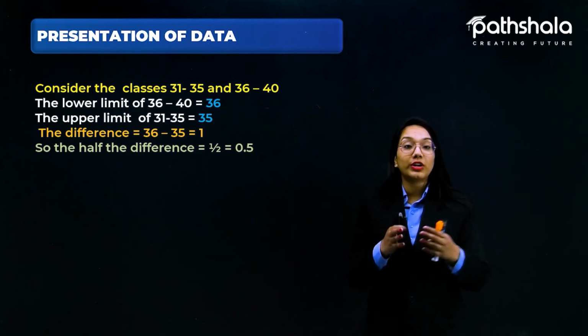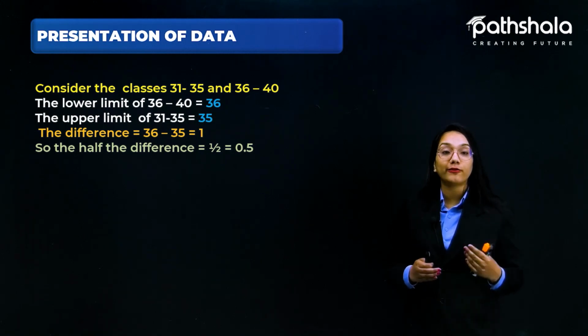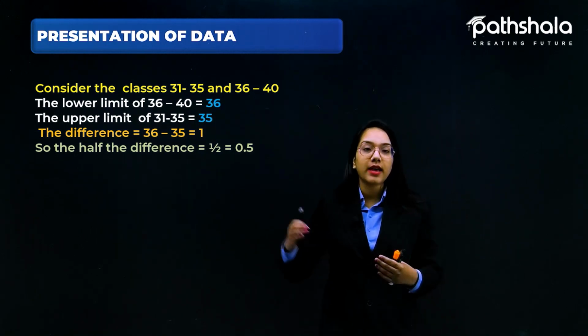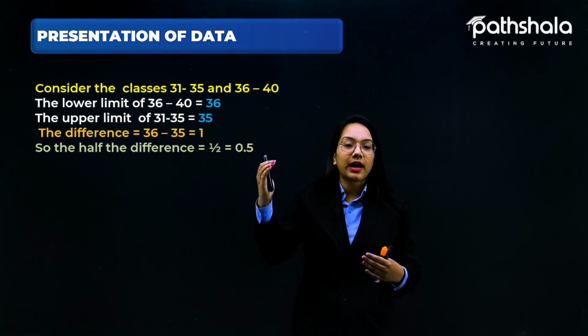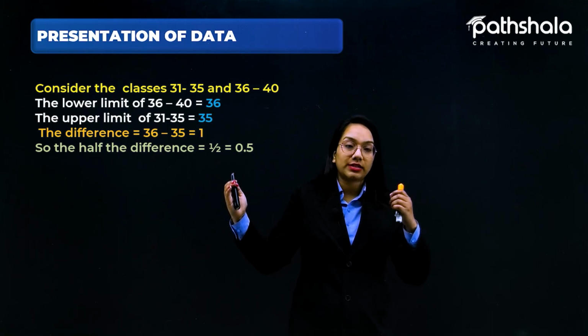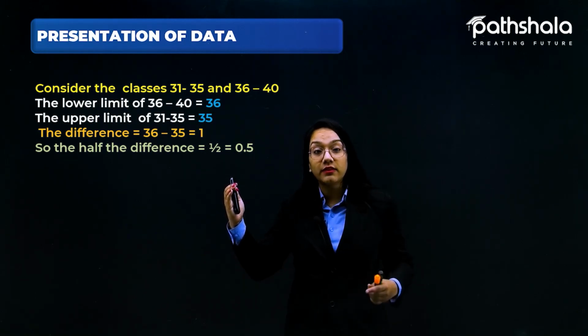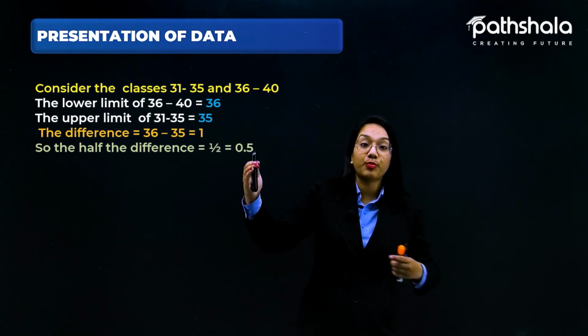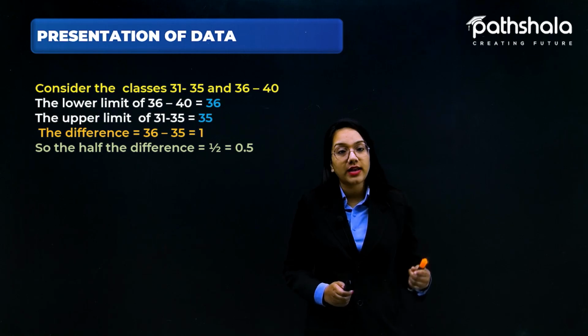So in order to create the overlapping intervals, you always have to do these steps, and after that you have to subtract 0.5 from the lower limit of each class interval, and add this 0.5 to the upper limit of each class interval.